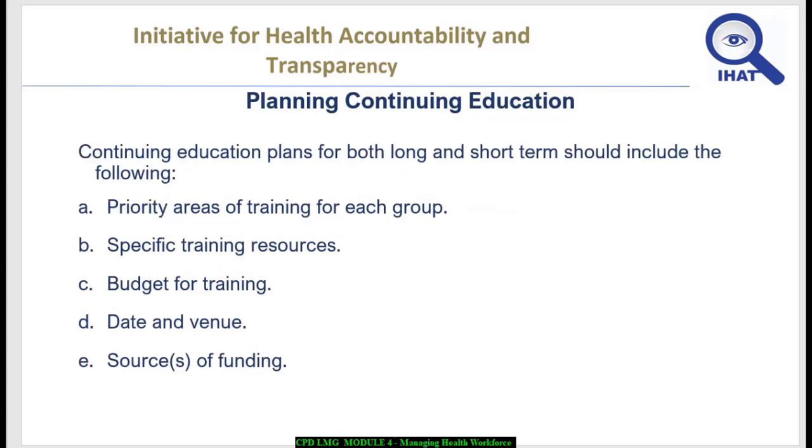Continuing education plans, for both long-term and short-term, should include the following: priority areas of training for each group, specific training resources available, budget for training, sources of funding, the date, and the venue of the training.